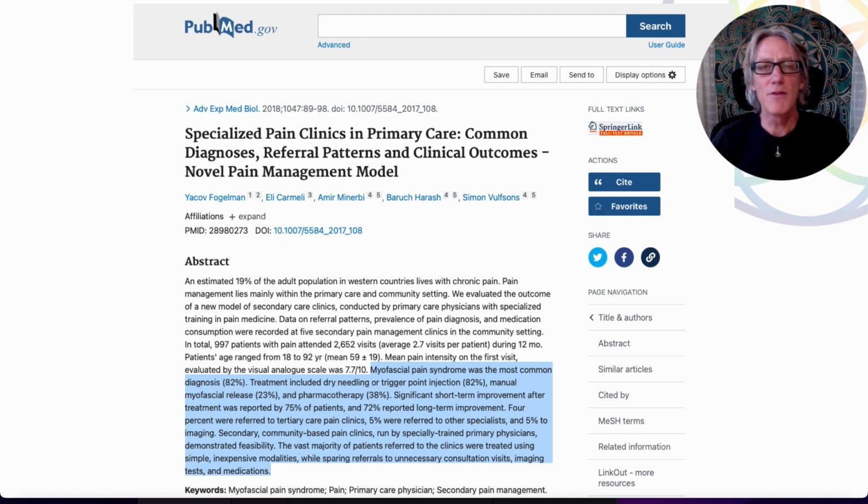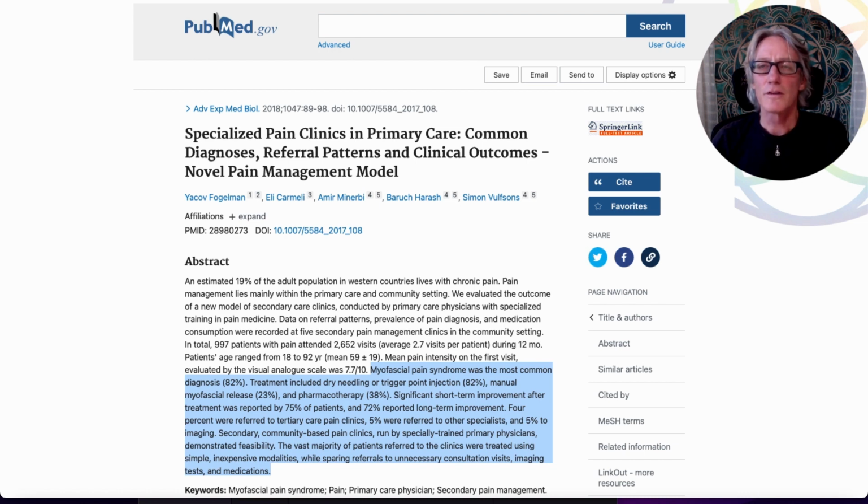What they found was that for people coming to the clinics, myofascial pain syndrome was the most common diagnosis, 82%. Treatment included dry needling or trigger point injection, 82%, manual myofascial release, 23%, pharmacotherapy, 38%. Significant short-term improvement after treatment was reported by 75% of patients, and 72% reported long-term improvement.